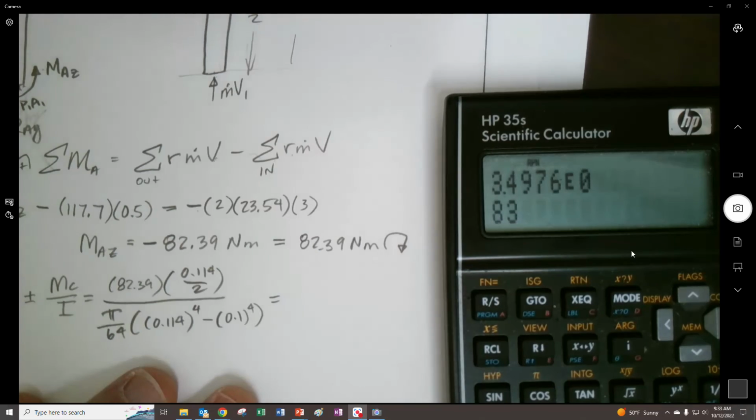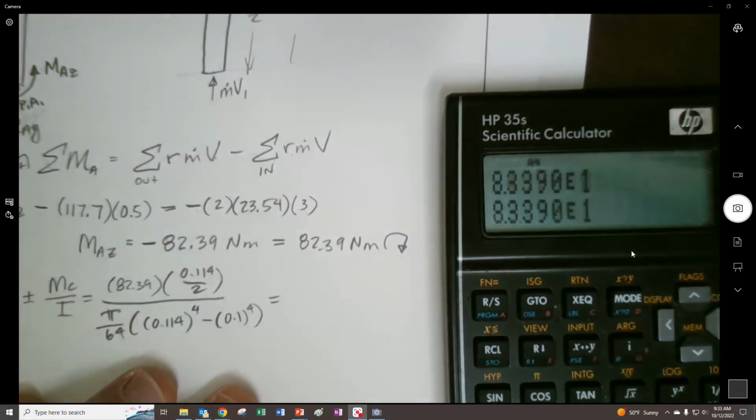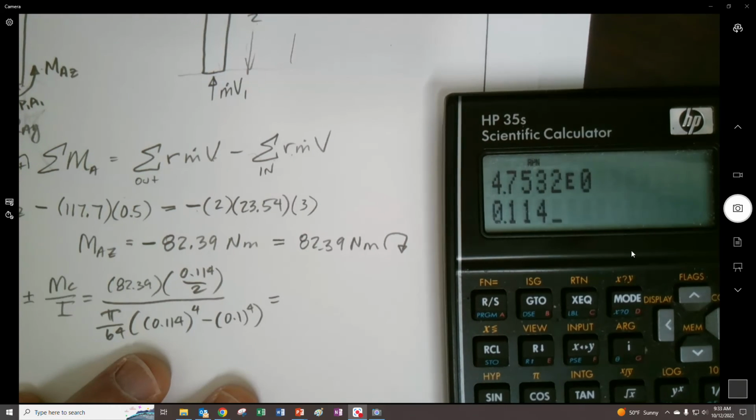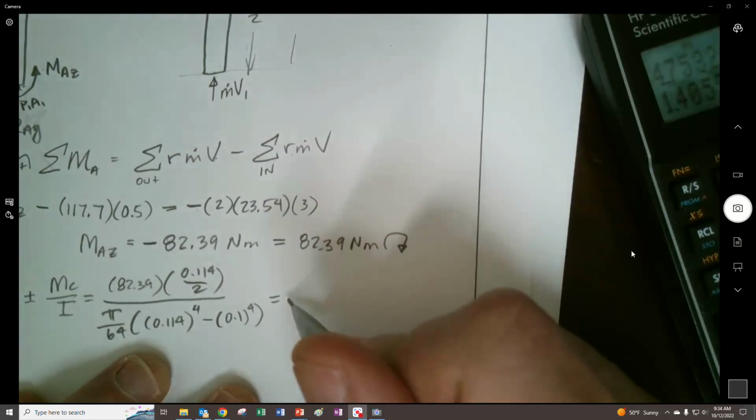So 82.39 times 0.114 divided by 2, then subtract the two fourth powers, divide that out, divide by pi, and multiply by 64. And we get just a little bit different from what I had before.